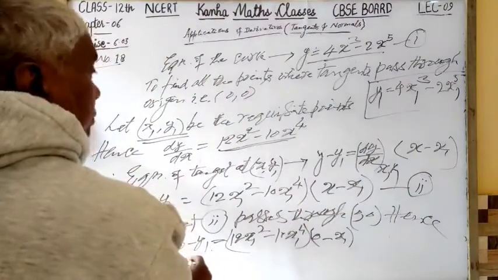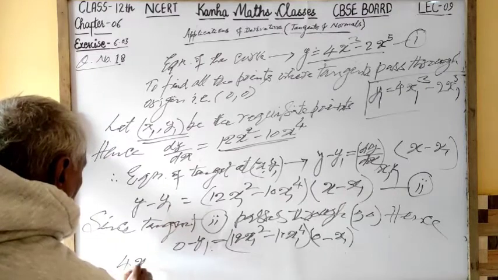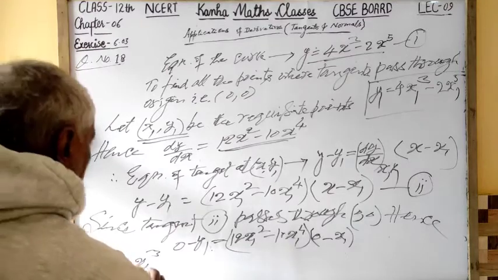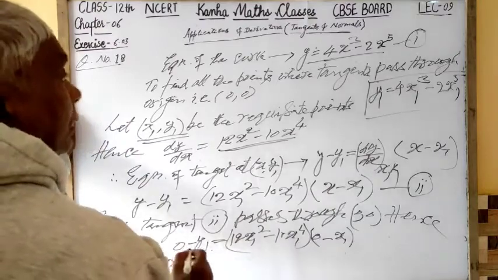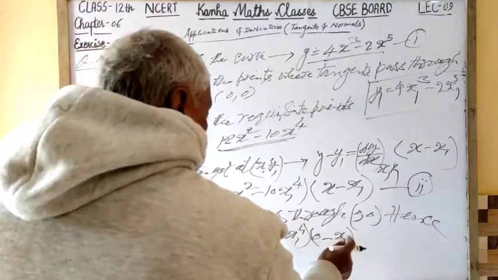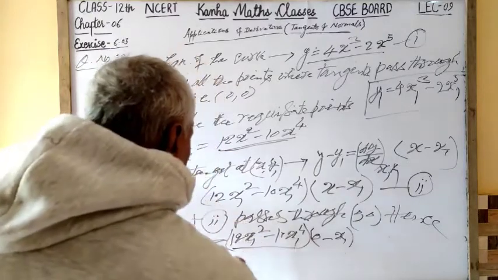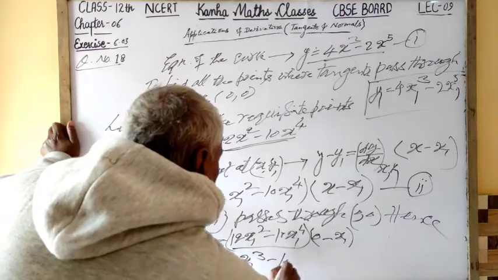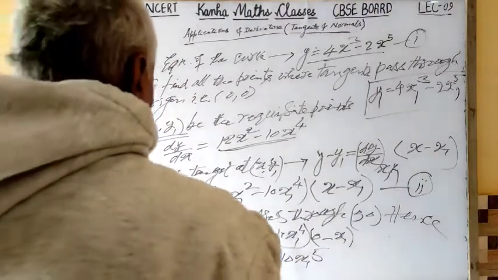Hence, substituting the value of y1, this will be 4x1 cube minus 2x1 to the power 5 is equal to, by multiplying x1 in this, 12 x1 cube minus 10 x1 to the power 5.